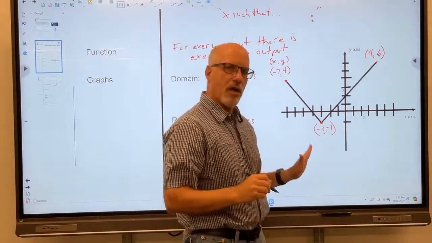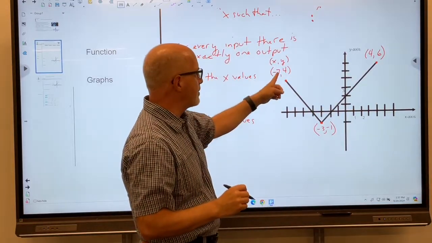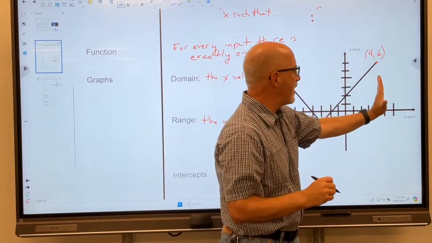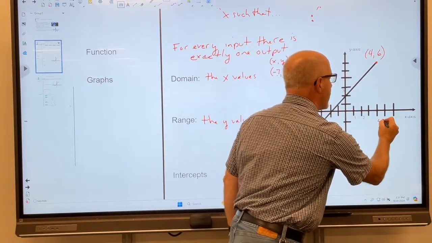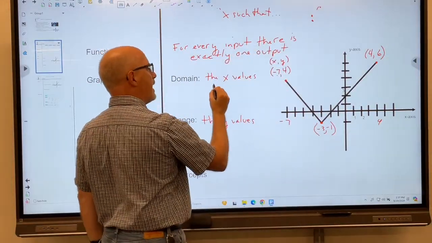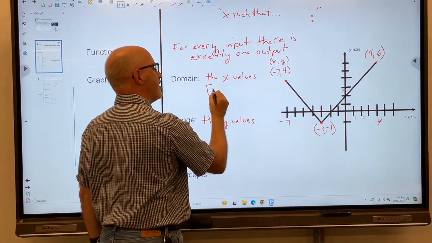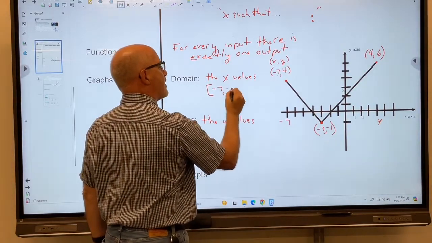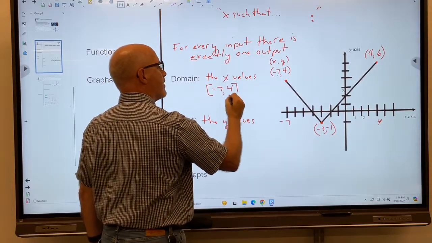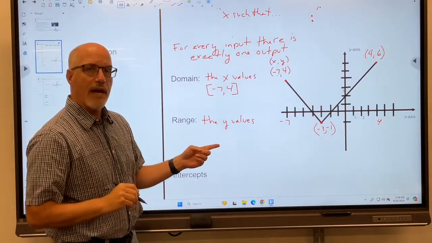What is the smallest x value and what's the largest x value in this graph? Well, the smallest x value is this -7, and the largest x value is over here at this 4. So it goes from -7 all the way to 4 for my domain. It includes those x values, so I'm going to put as interval notation -7 to +4 for our domain.